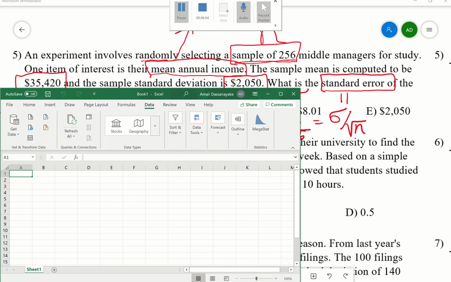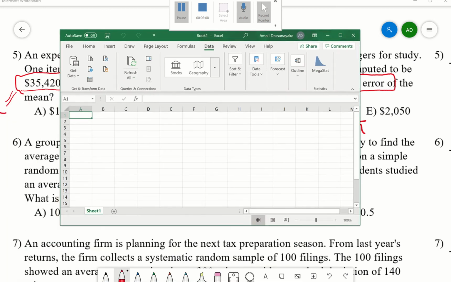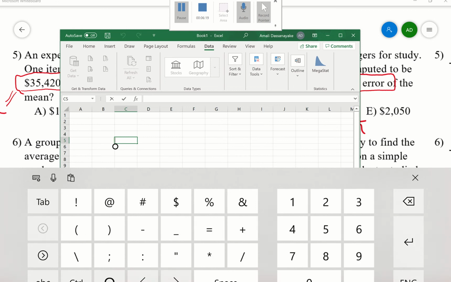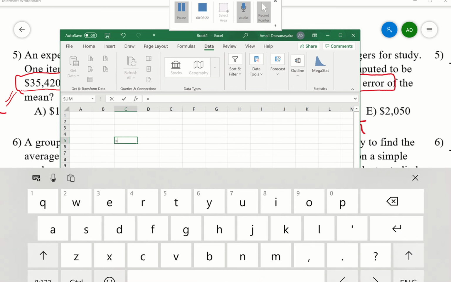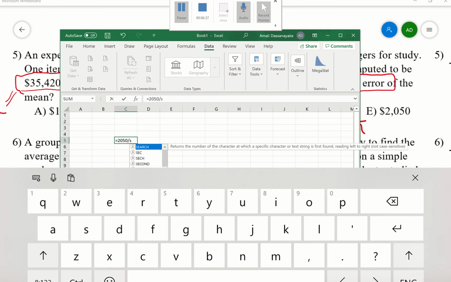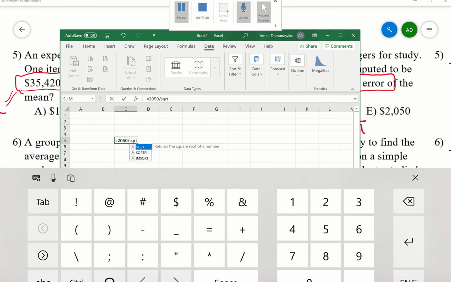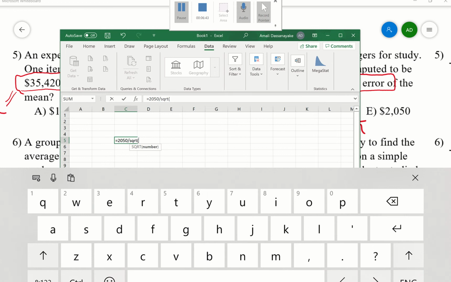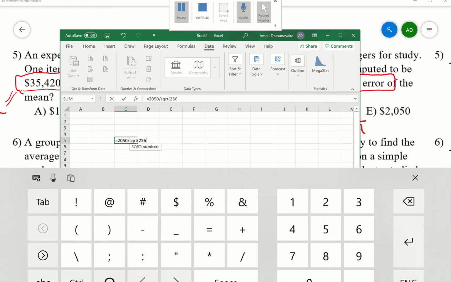If you use Excel, you type equals, 2050 divided by SQRT, that's the function, of 256.